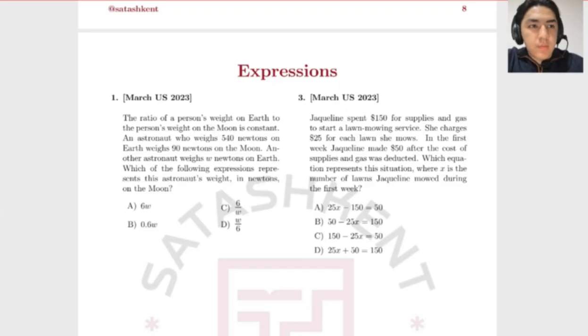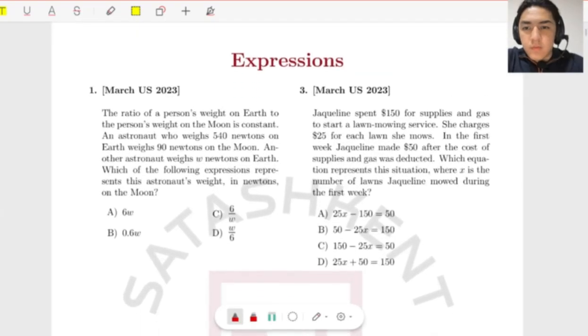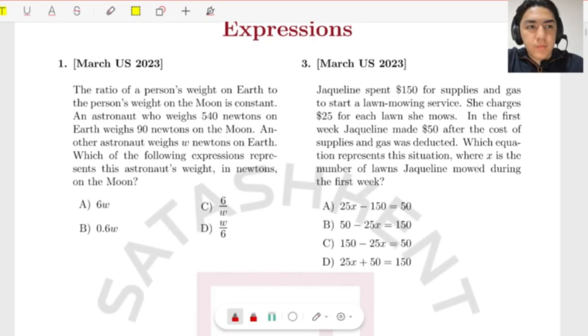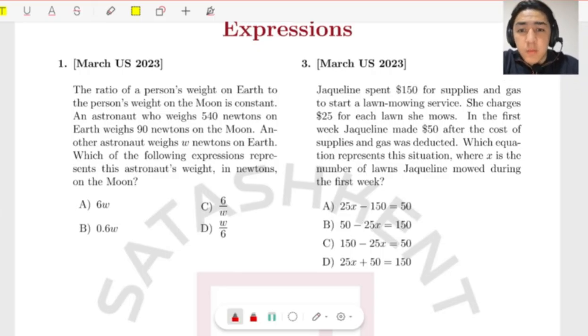First question. The ratio of a person's weight on Earth to the person's weight on the Moon is constant. Now we are talking about ratio, so that's why you have to divide something by something. An astronaut who weighs 540 newtons on Earth weighs 90 newtons on the Moon.